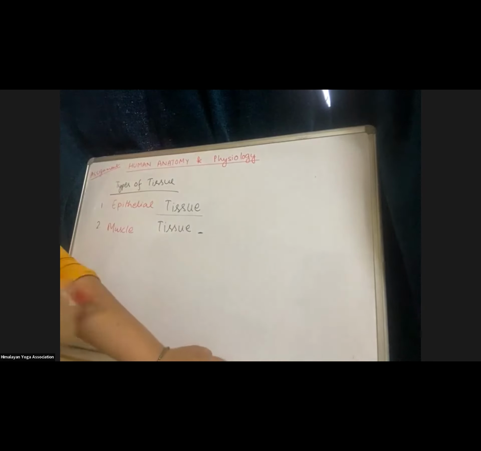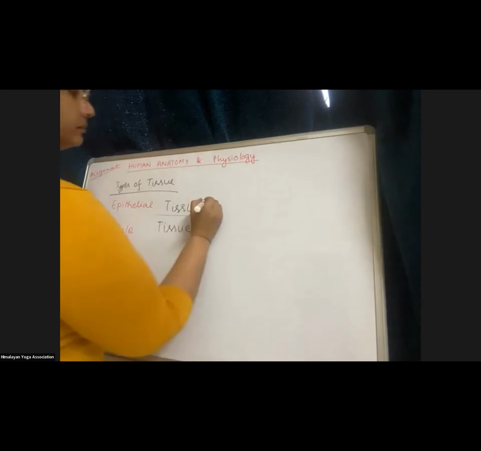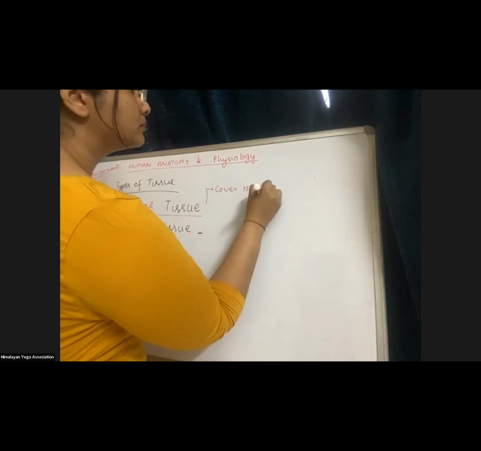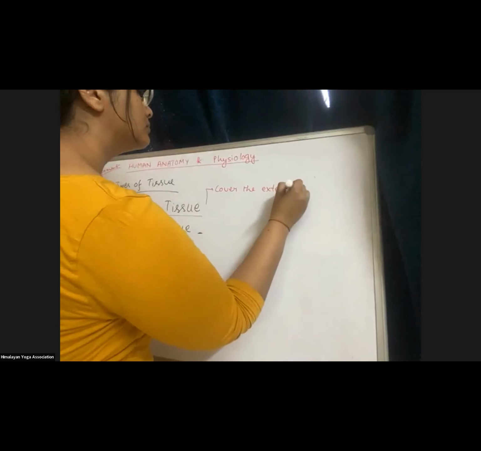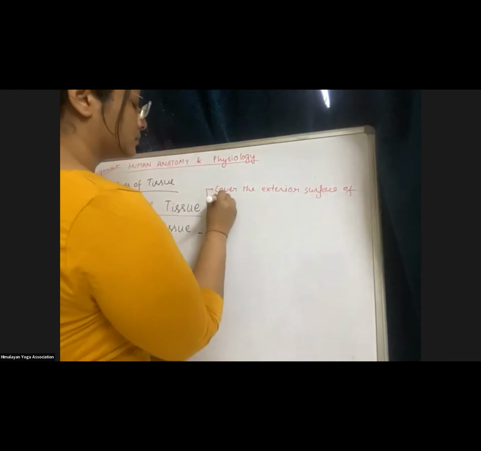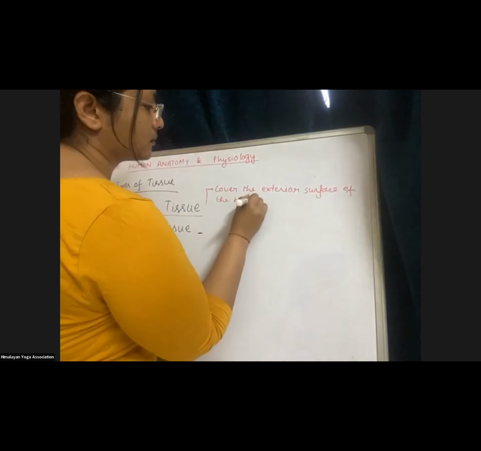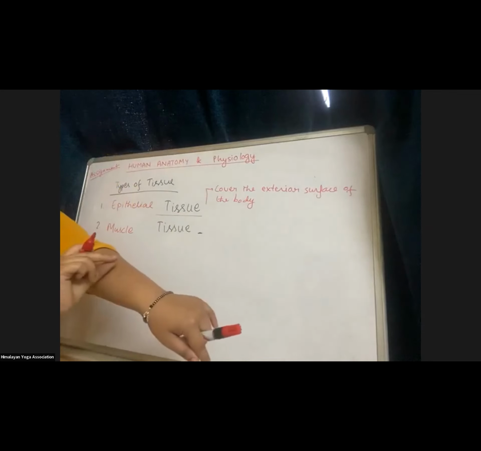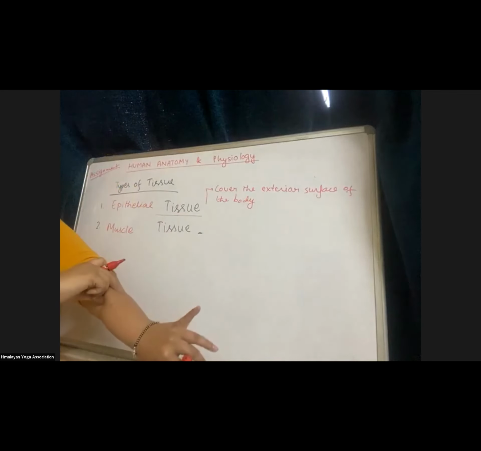So skin is made up of epithelial tissues. Epithelial tissues cover the exterior surface of the body. All this skin, the first layer and the second layer, all these are epithelial tissues. They line internal cavities.